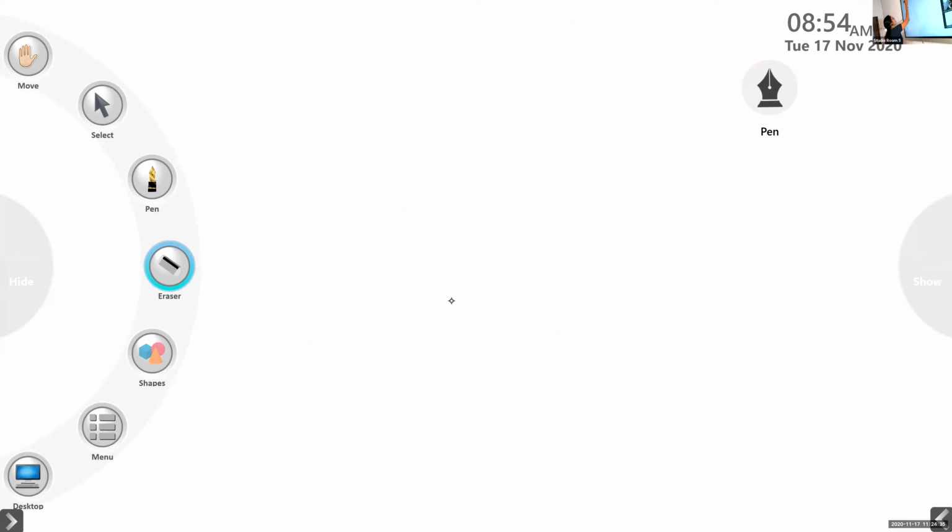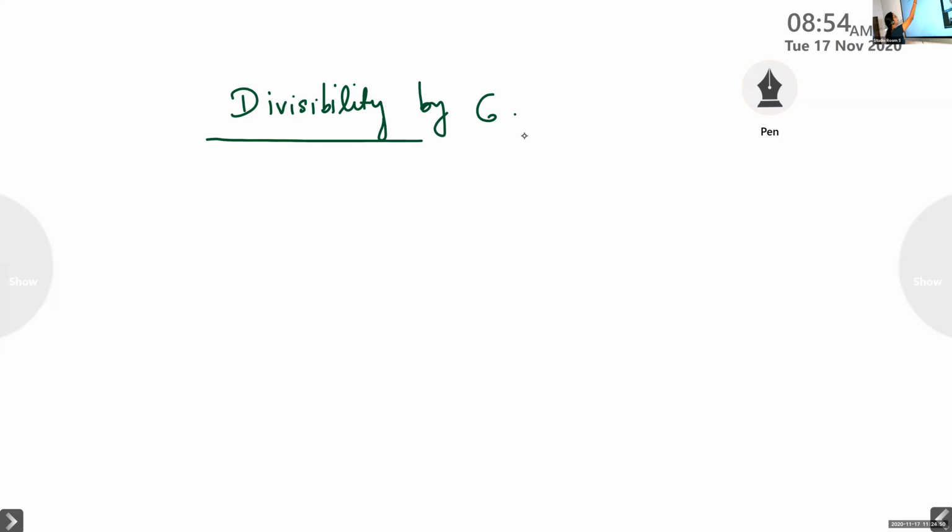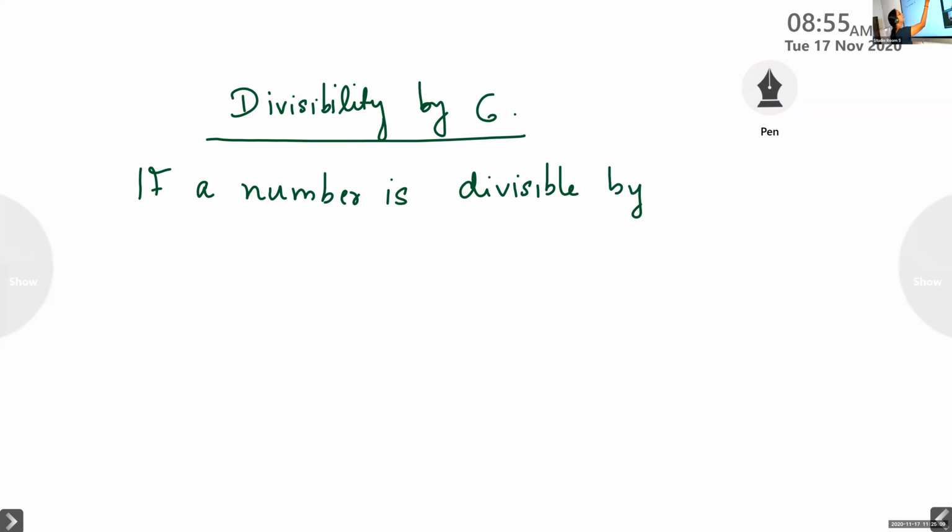Okay. So this is the divisibility rule of divisibility by 6. Write the heading, divisibility by 6.